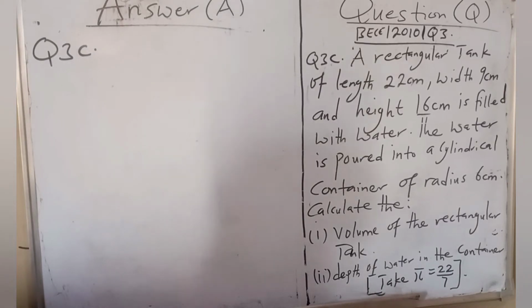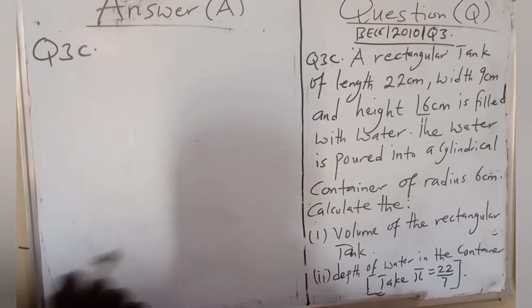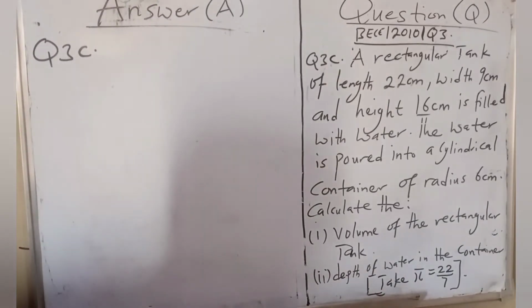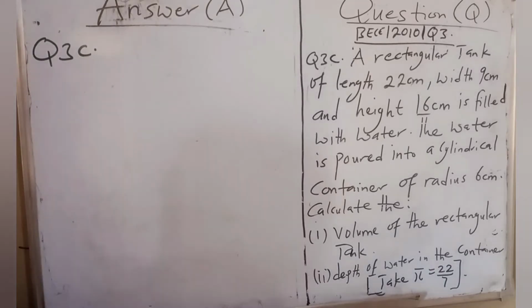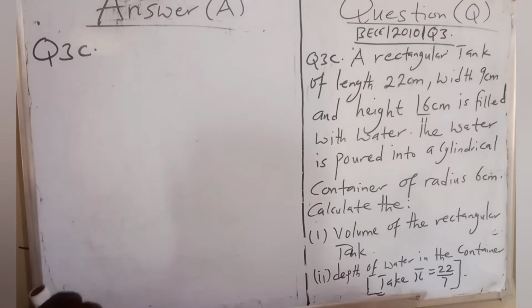You should bear in mind that when you pour water from the cuboid, which was fully filled with water, it does not necessarily mean that when you pour it into the cylinder, it will fill the cylinder too. So the question is actually asking you to find the level at which the water will end inside the cylinder.